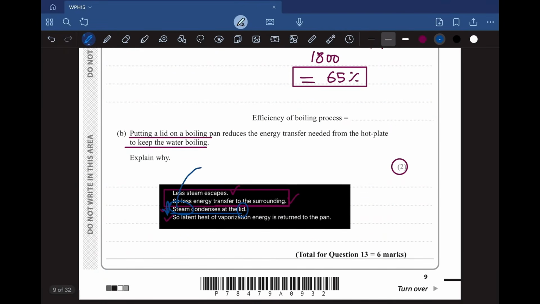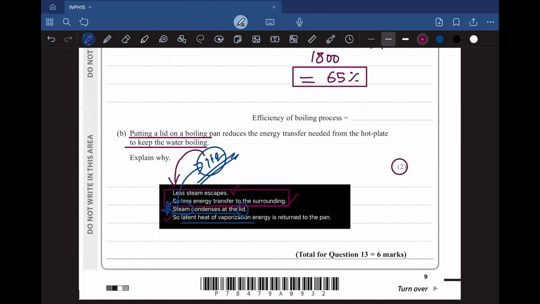It condenses, meaning it returns back into liquid, and when it does, it releases the latent heat of vaporization that it used to turn from liquid into steam. So it previously used latent heat of vaporization energy to convert from liquid to steam.